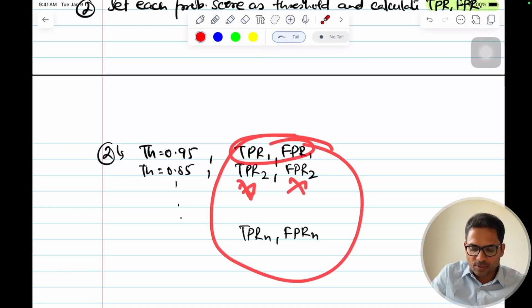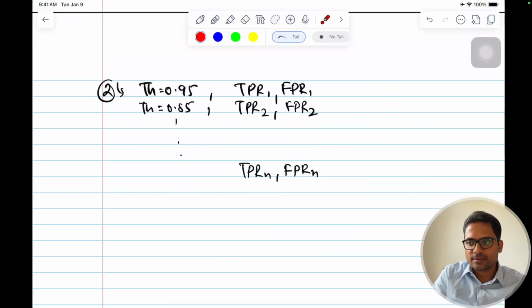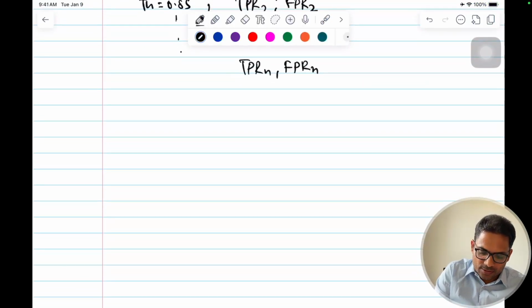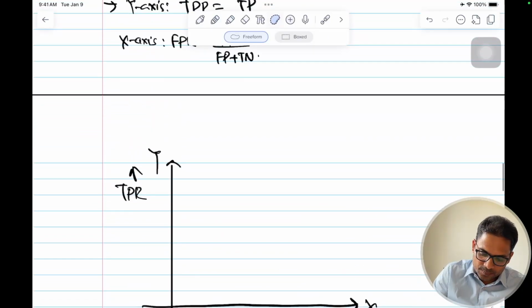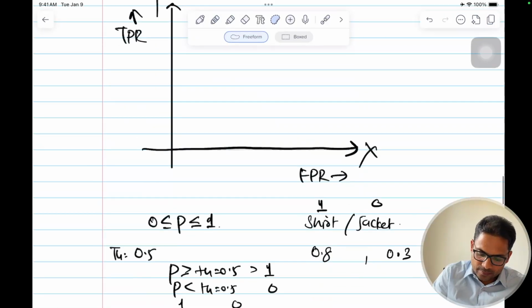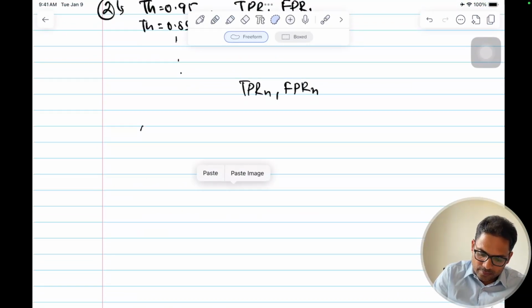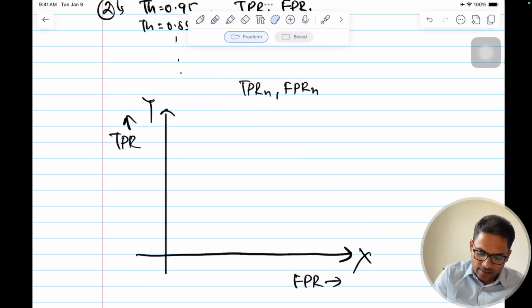Then I can plot this on my coordinate system, on a graph. And then you will get a curve like this.